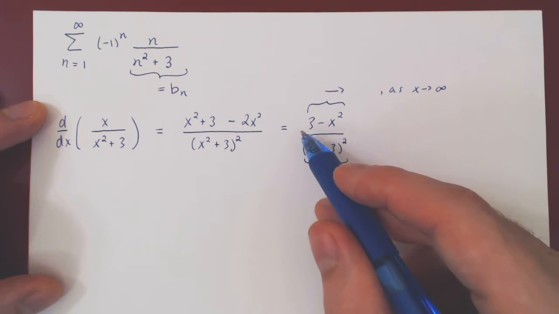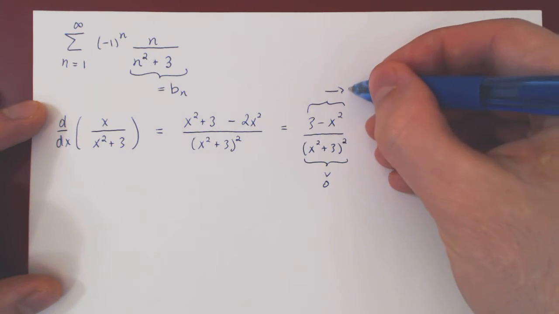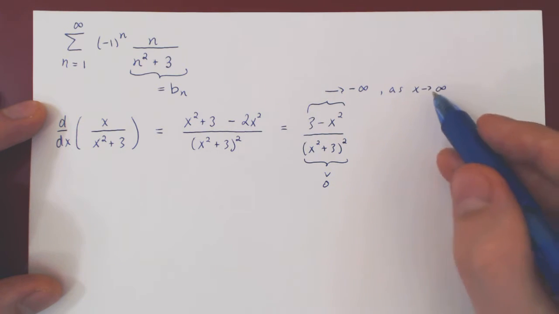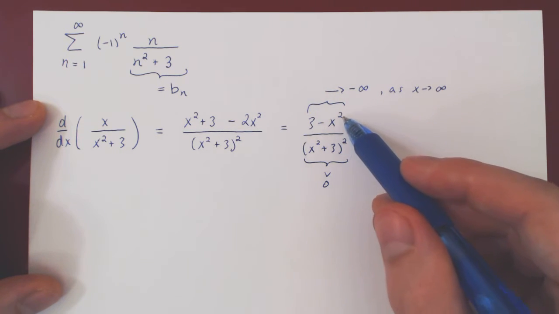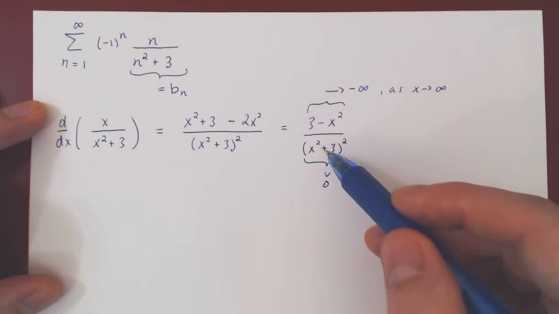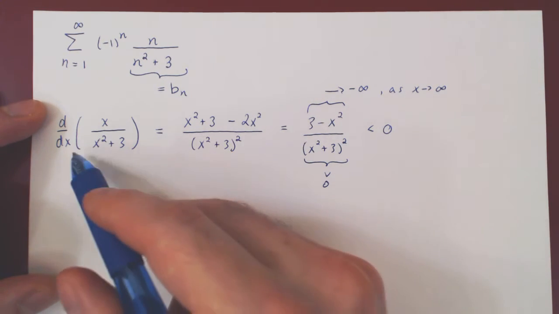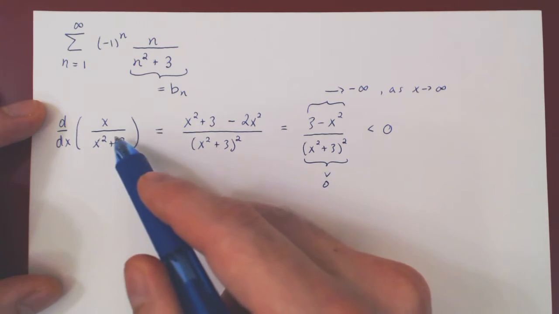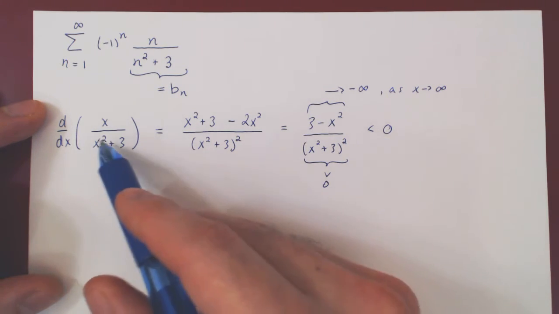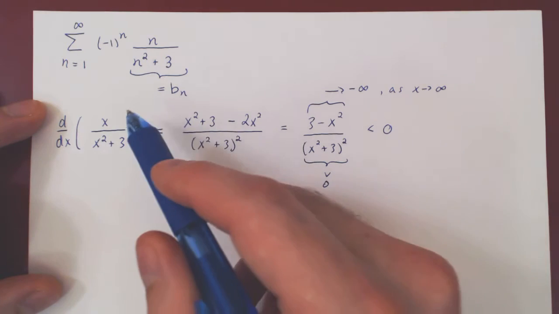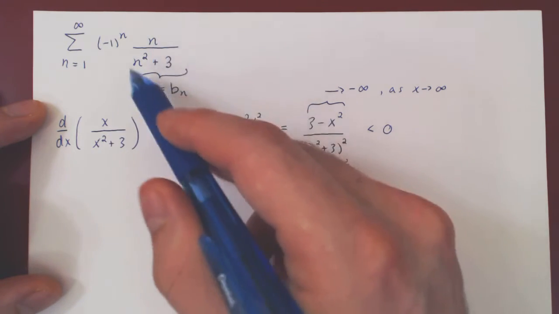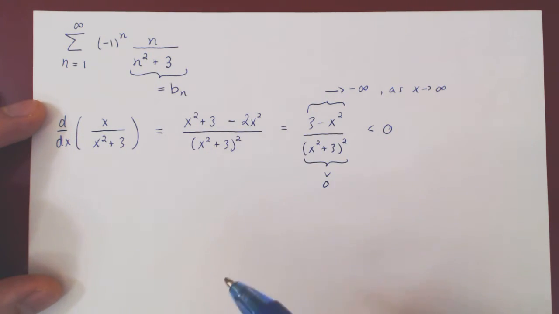Well, 3 minus x squared will approach negative infinity. So when x is large, our derivative is negative over positive, therefore negative. So the function is decreasing, therefore the corresponding sequence is also decreasing. So Bn is eventually decreasing.